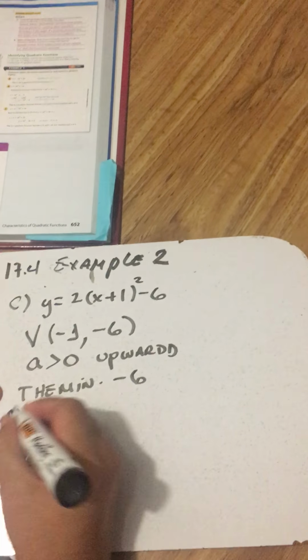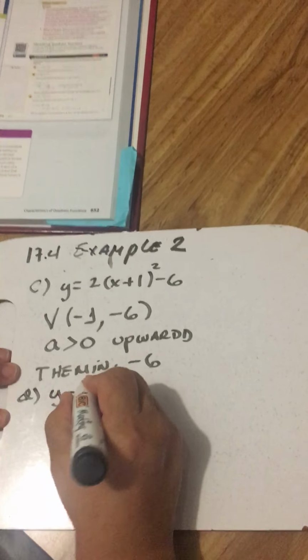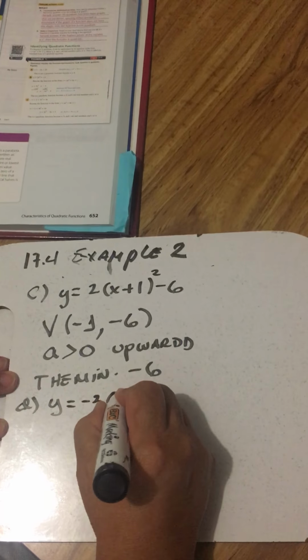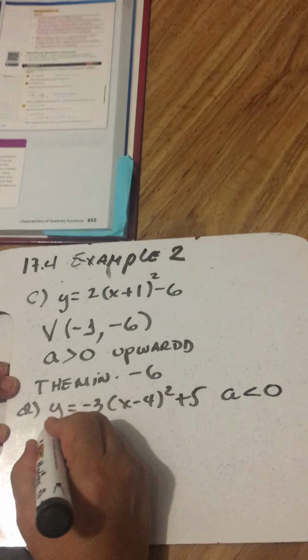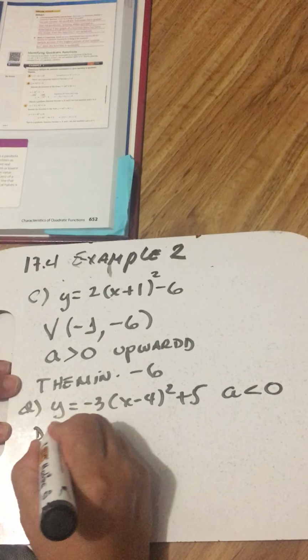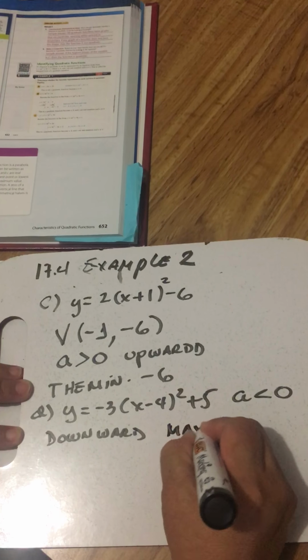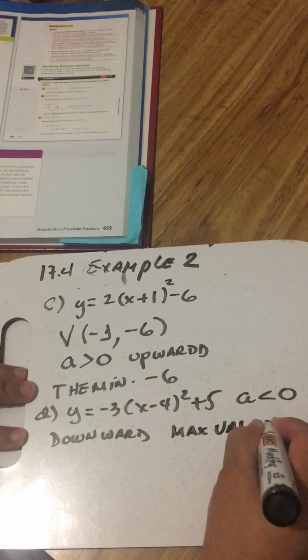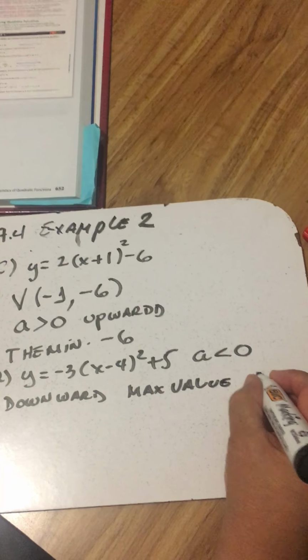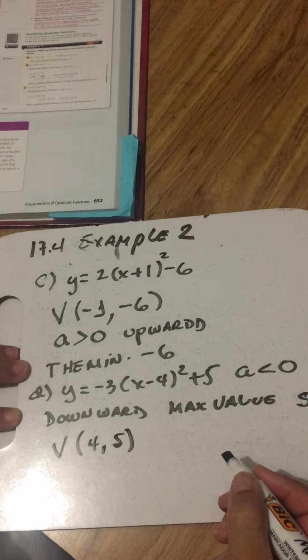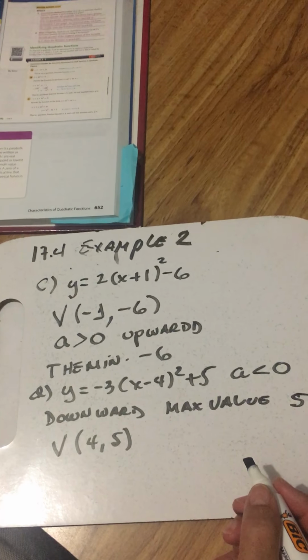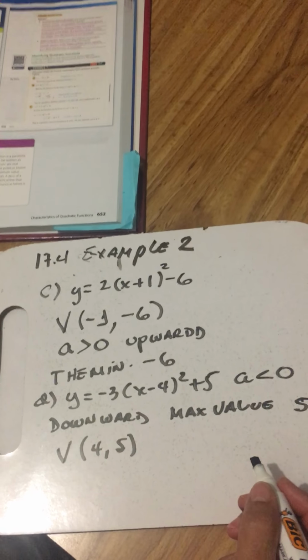Now we have D, the equation y equals minus 3 times x minus 4 squared plus 5. Then the a is less than 0, then it's downward, and we have a maximum value in 5. Remember the vertex is going to be 4, 5. Then answer page 654.